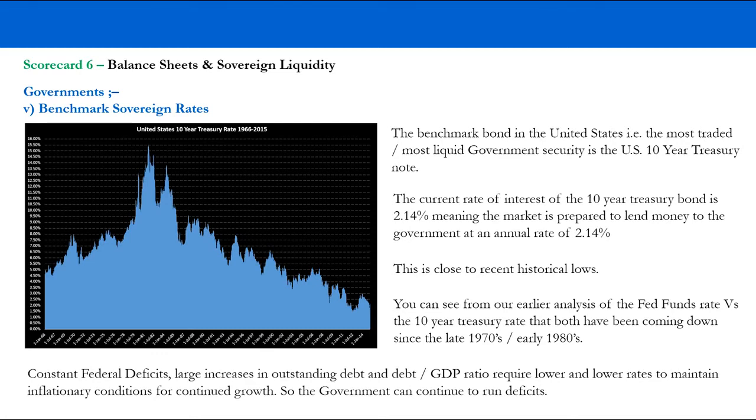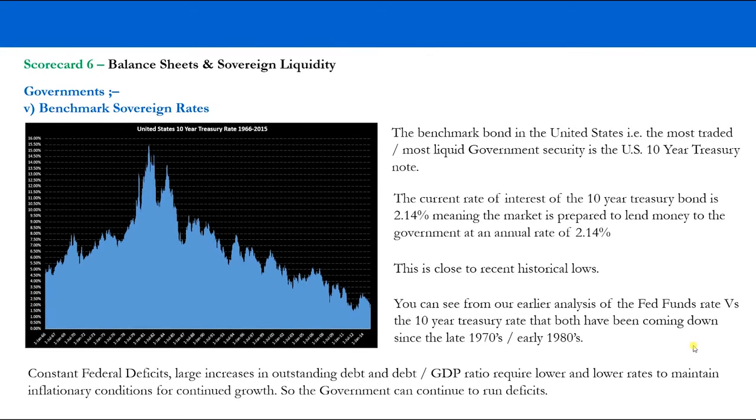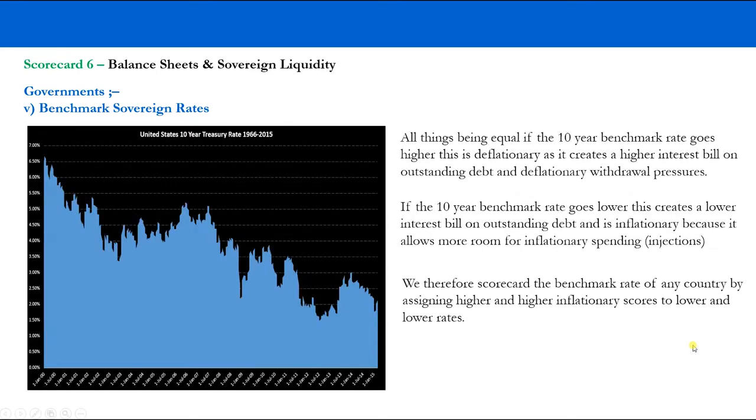We can see that now by looking at this in the overall context of our analysis. If we're looking at the current stats in isolation and looking at it very objectively, interest rates are at or near historical lows, and the score that we're probably going to be assigning here is a pretty inflationary score.